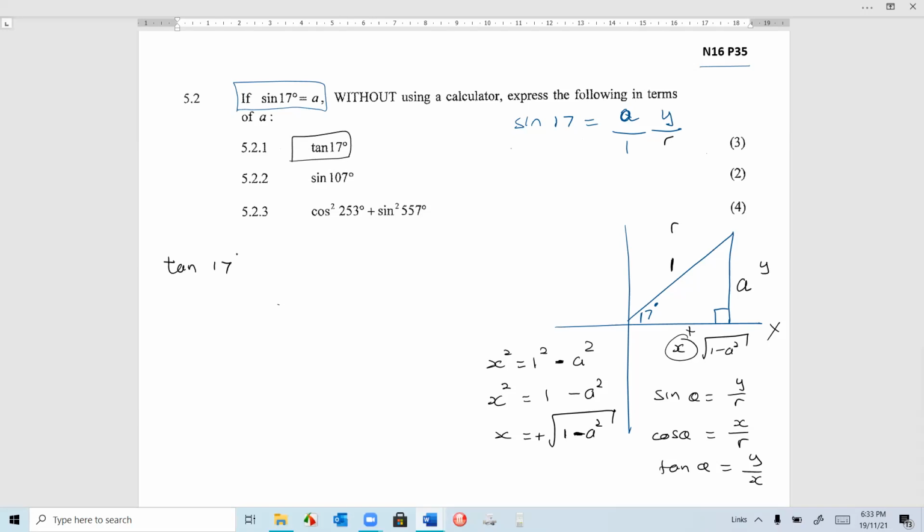Because this angle is 17, I can use the diagram directly. Tan is Y over X. Our Y value is A, and the X value we just found is the root of 1 minus A squared. So that's my first answer for 5.21.